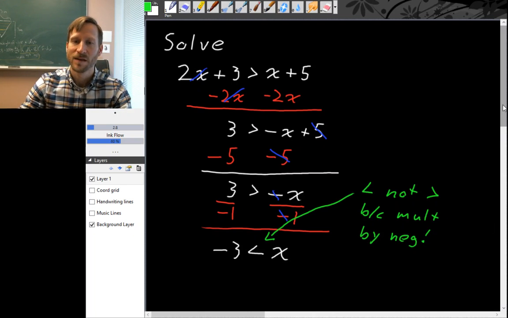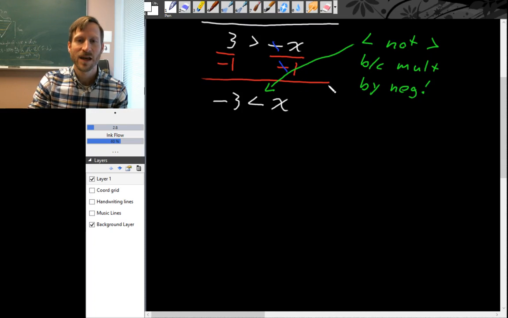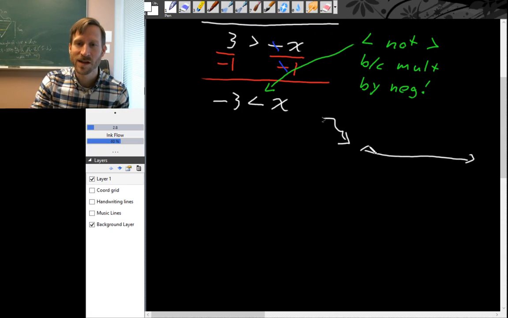Okay, so now we've finished solving for x. So we have negative 3 is less than x. And if we wanted to draw a quick picture of what these solutions looked like, here's a number line. We could put negative 3 on here, say over here.